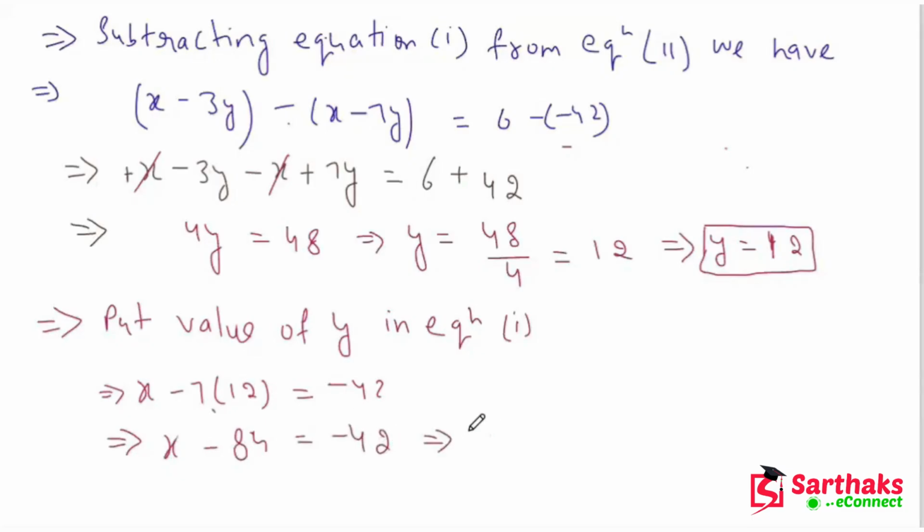Okay, so x is equal to minus 42 plus 84 because it is changing the direction. So now we can write here 42. So what is the value of x? The value of x is 42.